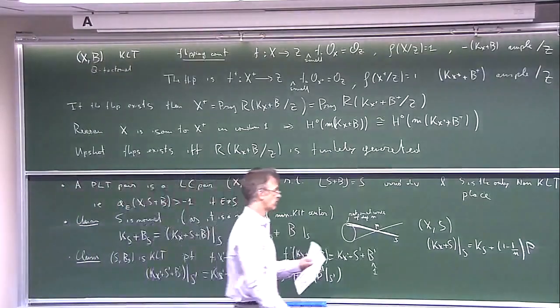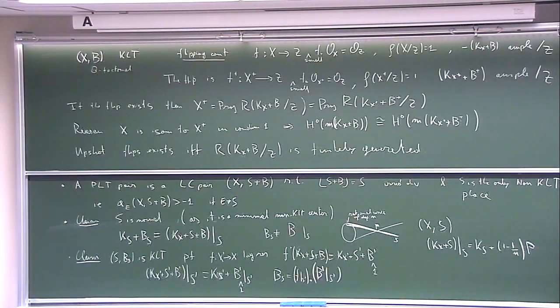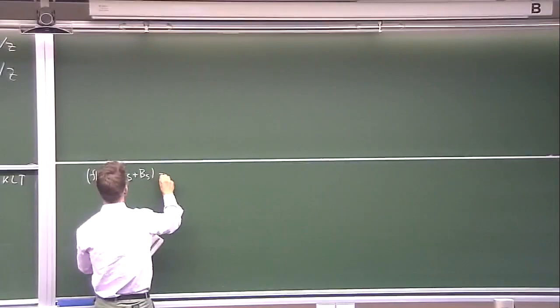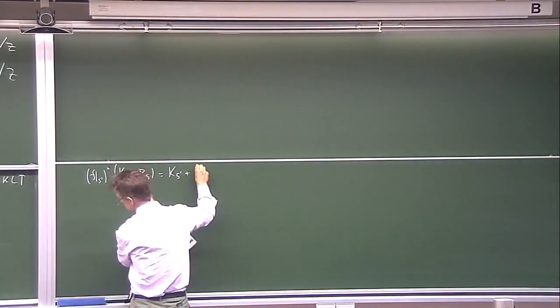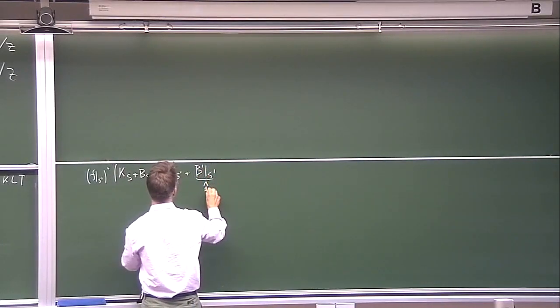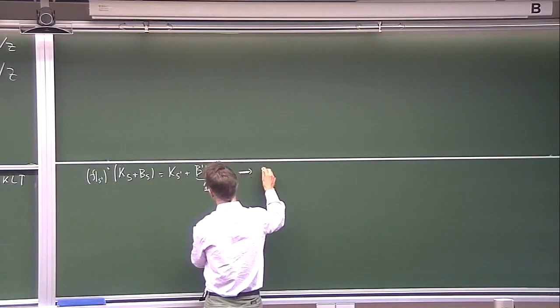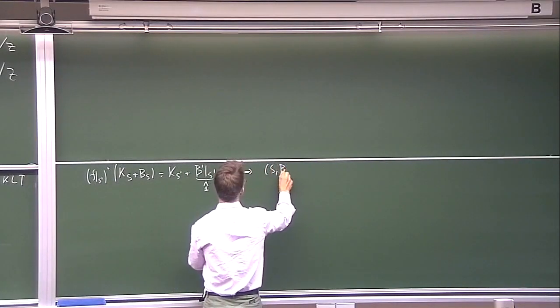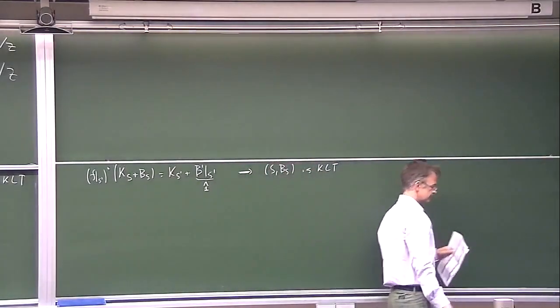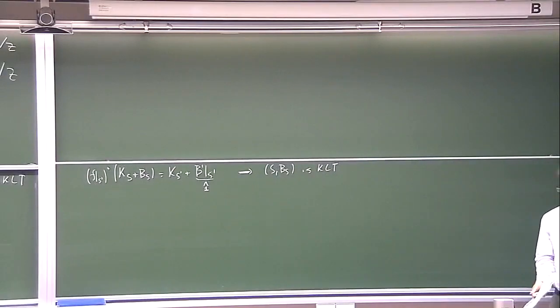So in other words, the pullback of K_S plus B_S is K_S prime plus B prime restricted to S prime, where these coefficients are strictly less than 1. This is precisely telling you that (S, B_S) is KLT. Okay?